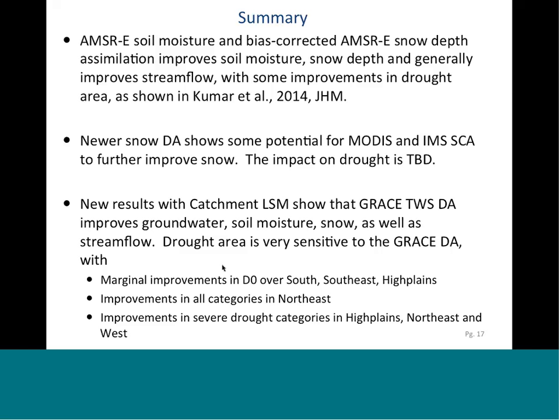And then the last result I was just showing, with the new LSM, shows that the GRACE terrestrial water storage data assimilation definitely improves groundwater, soil moisture and snow in some areas, as well as streamflow. And like I mentioned, the drought area is very sensitive to the GRACE data assimilation compared to the snow depth and soil moisture, with marginal improvements over some categories, but in the Northeast, improvement everywhere.